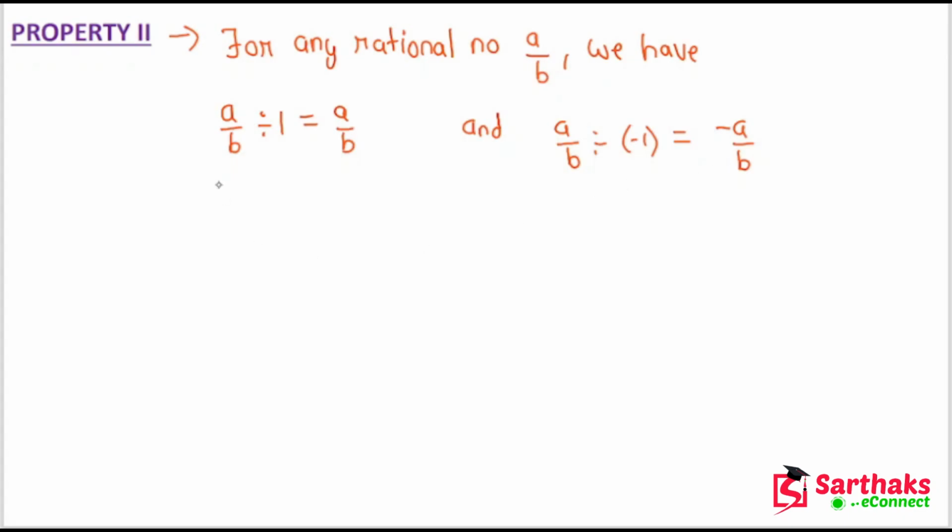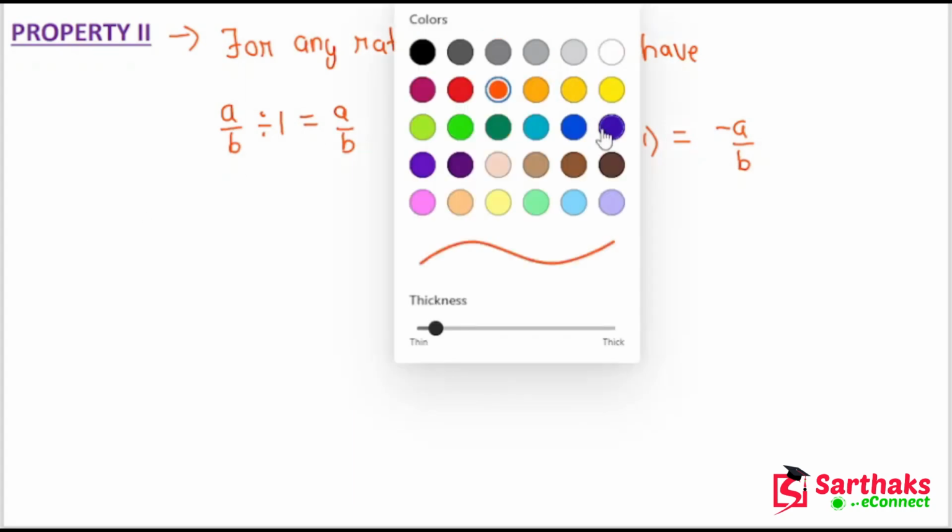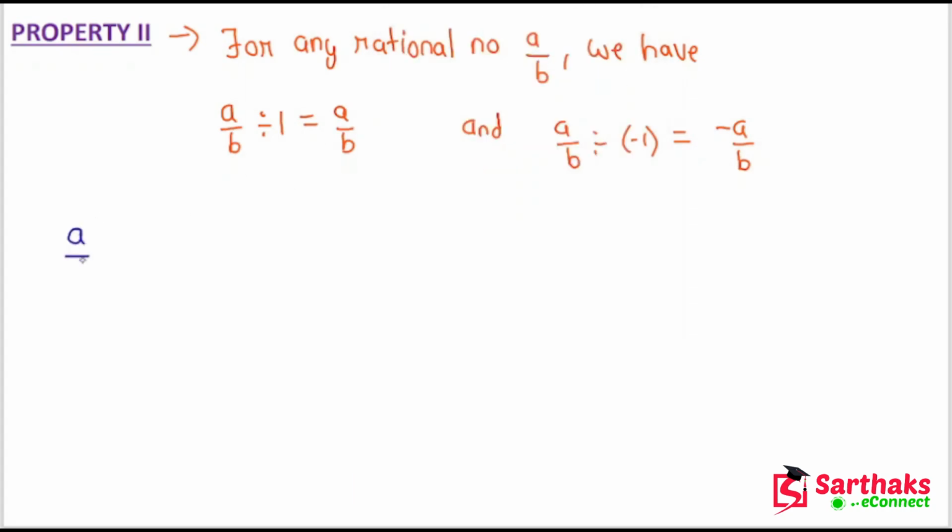You can easily verify them: A upon B divided by 1 is A upon B multiplied by 1 upon 1. You have done the reciprocal. So again, anything multiplied by 1 is itself. That is the multiplicative identity of rational numbers.